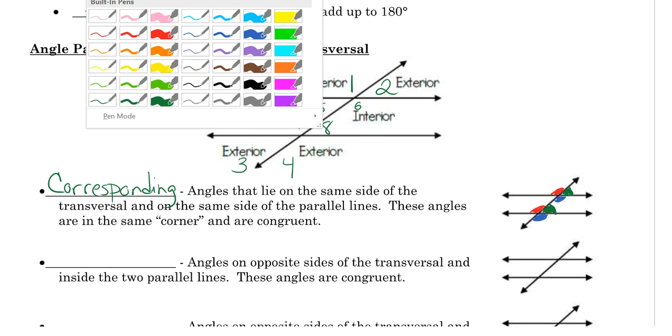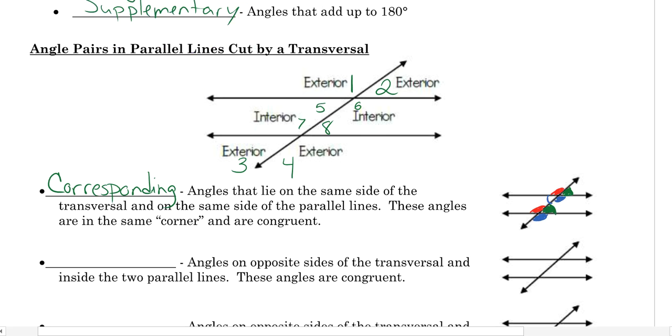And last but not least, I could find that last angle that we haven't addressed, translate it down, and I can find the congruent angle there. Okay, so within a set of parallel lines cut by a transversal, you can get 4 sets of corresponding angles.